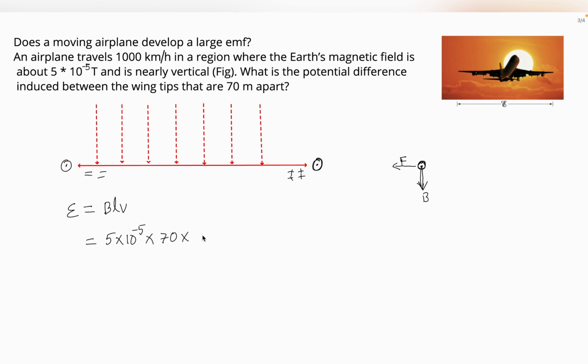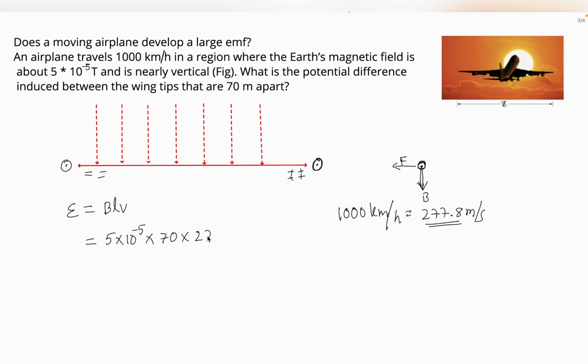So we will convert that to meters per second. This 1000 kilometers per hour speed is converted into meters per second. So 1000 kilometers per hour is equal to 277.8 meters per second. So I am going to use this meters per second value here.